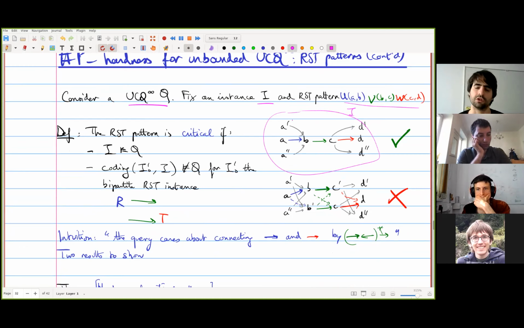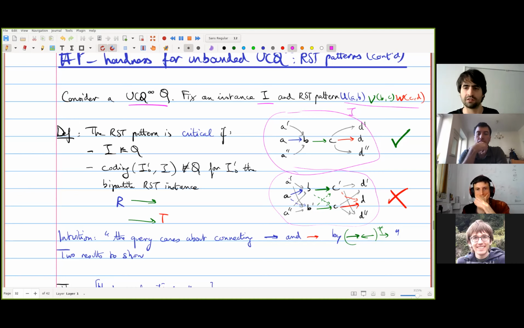So I want that on my original instance, the query was true, but doctoring this instance to do copies and disconnect the blue, green, red chain makes the query false. And specifically, I want this to make the query false. So this is an interesting instance and pattern for my query.